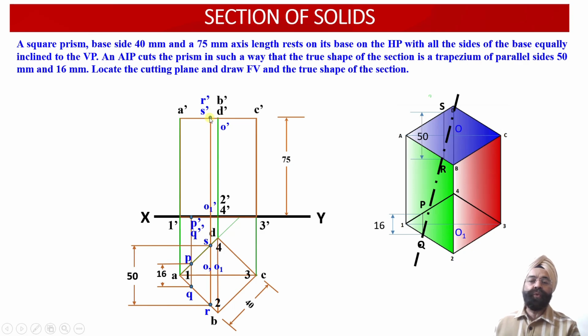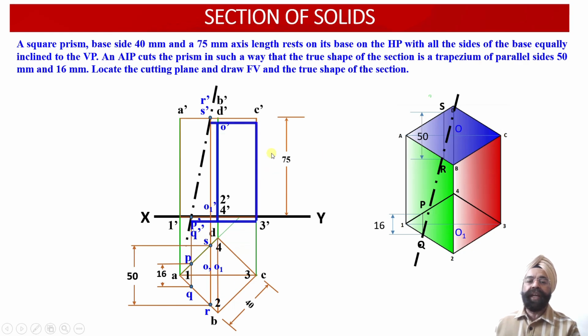This way, the 2 points through which our cutting plane, or the auxiliary inclined plane, should pass have been located in the front view projection. So we have located the orientation of the cutting plane, and we can check that this cutting plane passes through 2 points of the base and 2 points of the top face on one side of the axis, such that the 2 parallel sides of the trapezium, these distances, we have obtained corresponding to the bottom face and the top face projections.